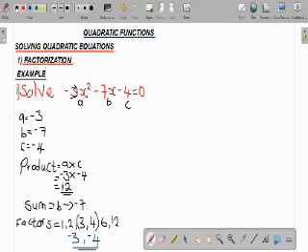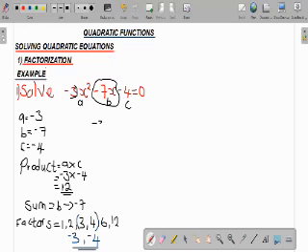After we come up with those factors, now we go back to this quadratic function. This is where we replace the middle term with the factors that we have found.